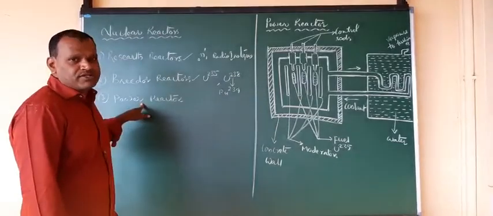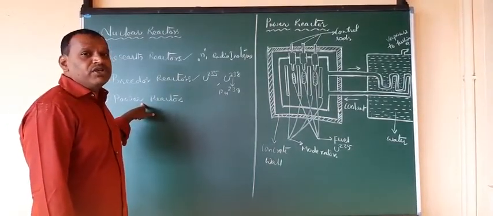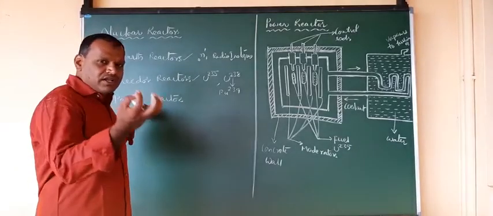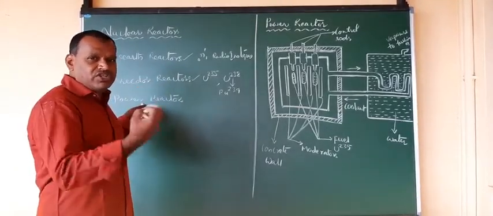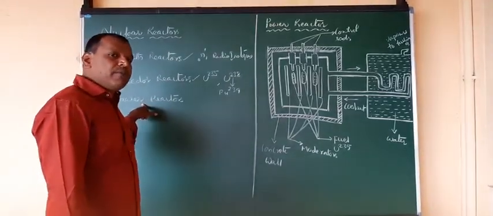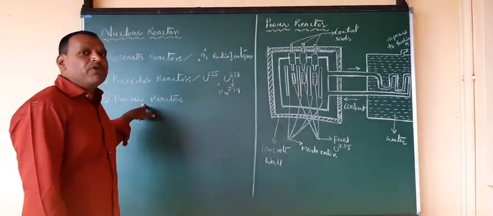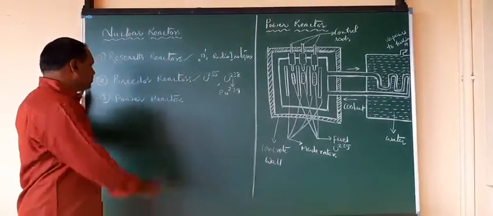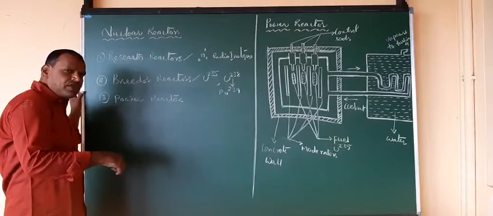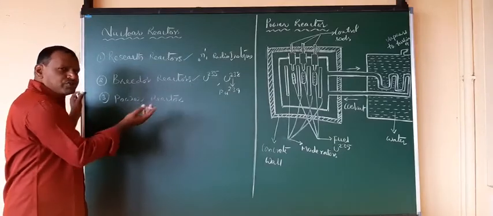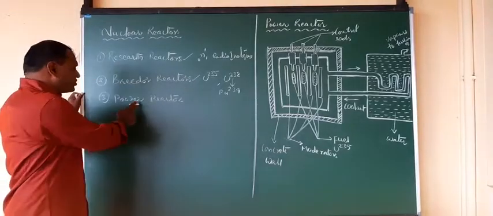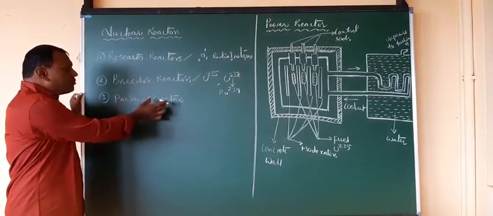Power reactors are the reactors which can be used to generate electrical power, or that energy is converted into a useful application of any form of energy, correct? So these power reactors are used for electrical power generation. That is a power reactor.